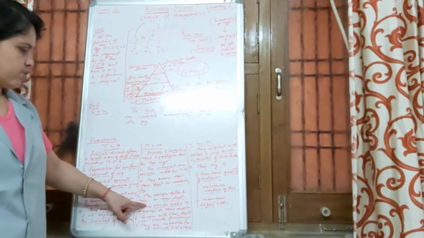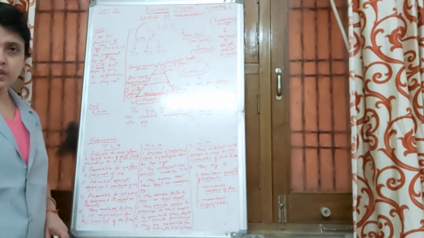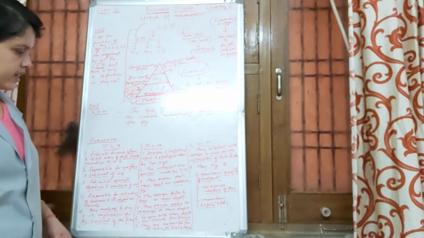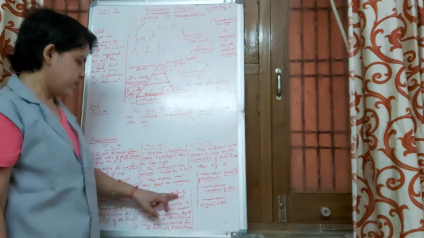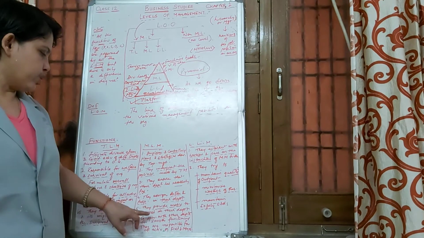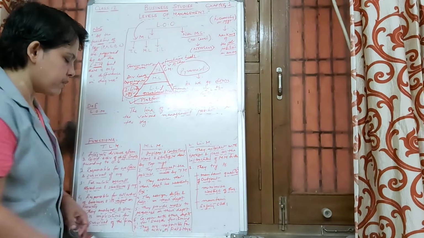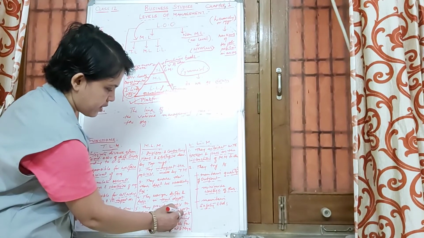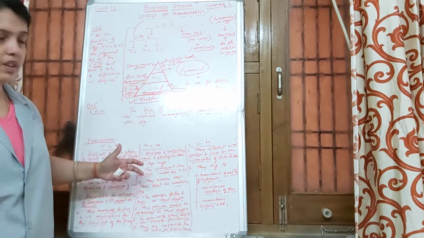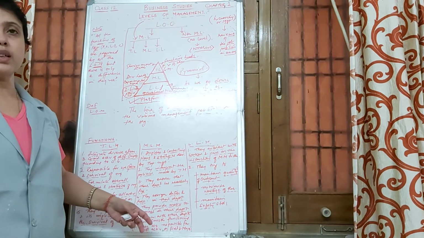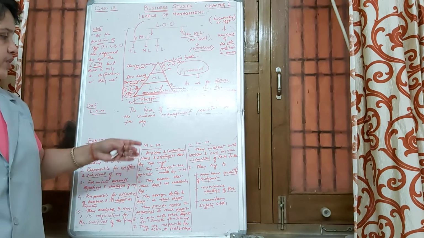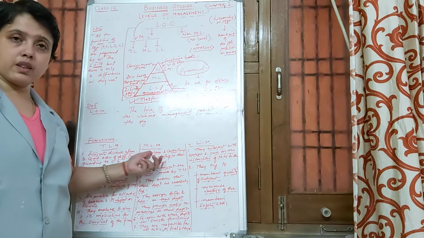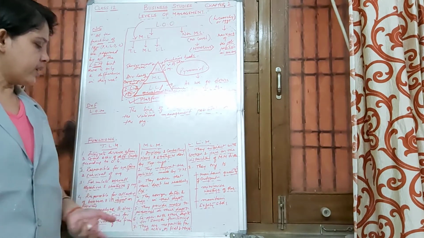They assign duties and responsibilities to their department. It is under their head, so they have to fulfill this. They provide motivation to the personnel in their department. If there are different departments working in the organization, there will be different departmental heads which will come under the middle level management, and they will carry out these functions.